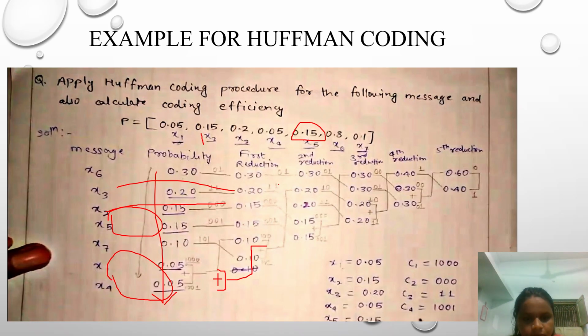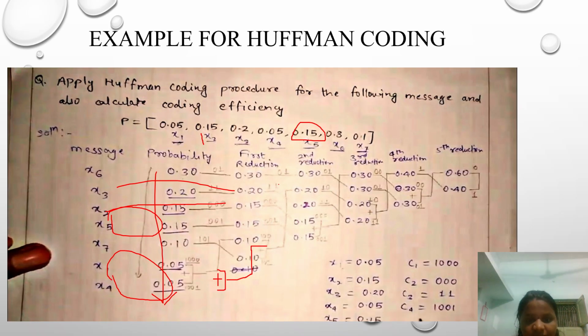After this first reduction, the first reduction table is written here, also in decreasing order, but the number of entries is reduced. Here the last two are added: 0.10 plus 0.10 gives rise to 0.2.